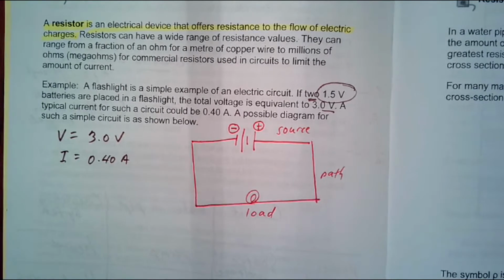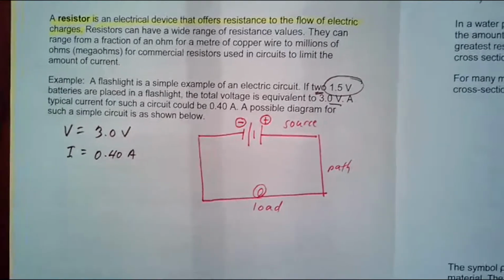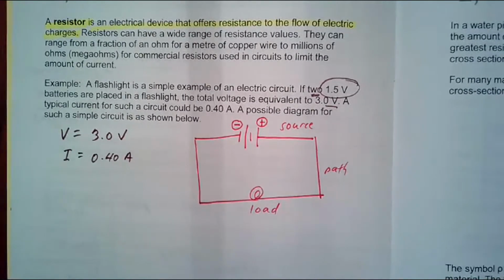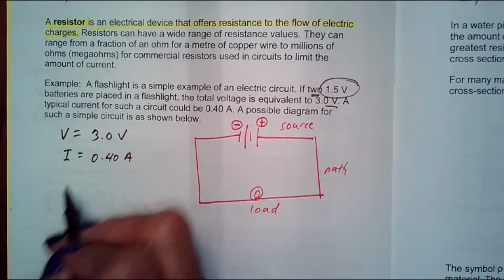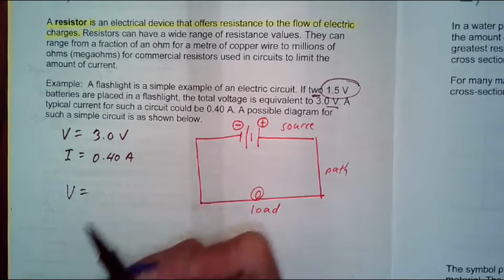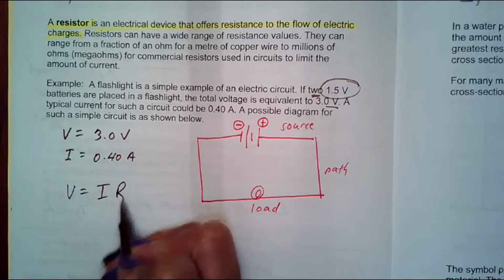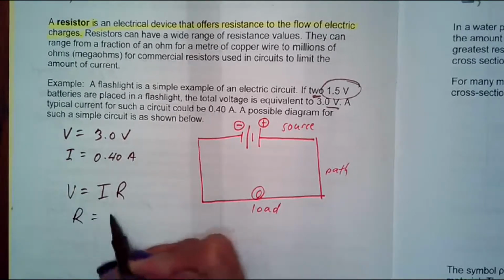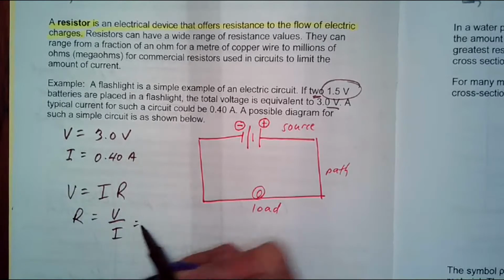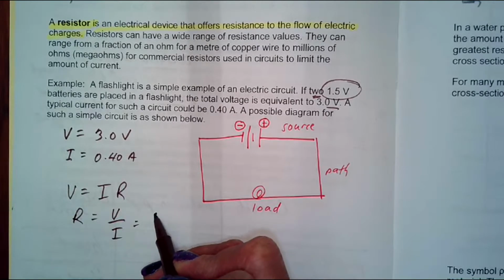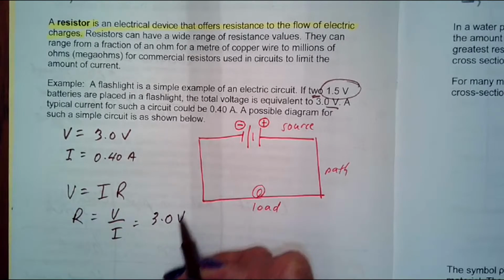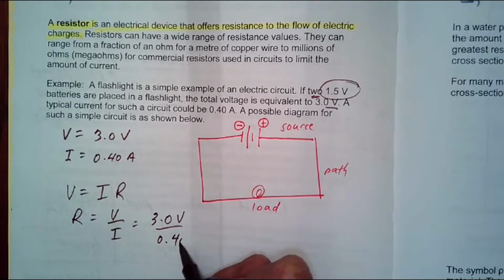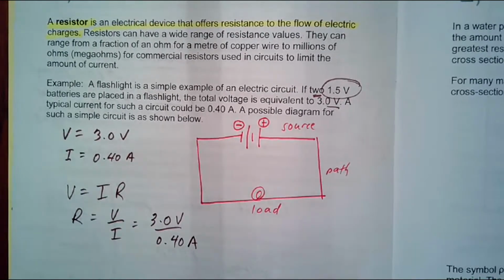If we were to calculate the variable that's missing here, even though it didn't tell us, we could now use Ohm's law to calculate the resistance. So V equals IR, so R is V over I. And so you have 3.0 volts divided by 0.4 amps.